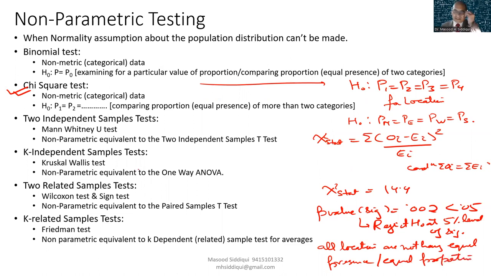So this test is in some way similar to the one-way ANOVA as far as the practical point of view is concerned, but conceptually they are much different, as we have discussed. That's why we are covering this in the part where we have more than two independent samples. So this is about the chi-square test of proportion. Okay. Thank you.